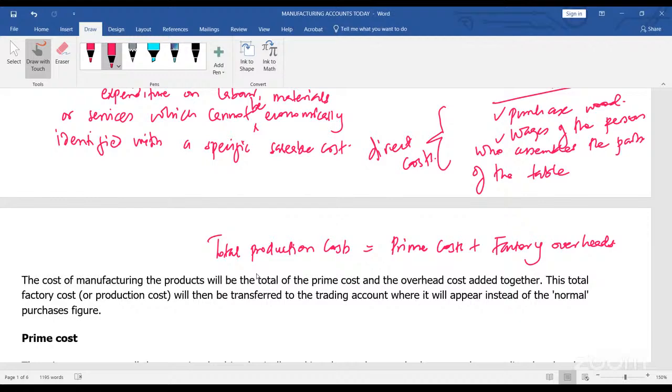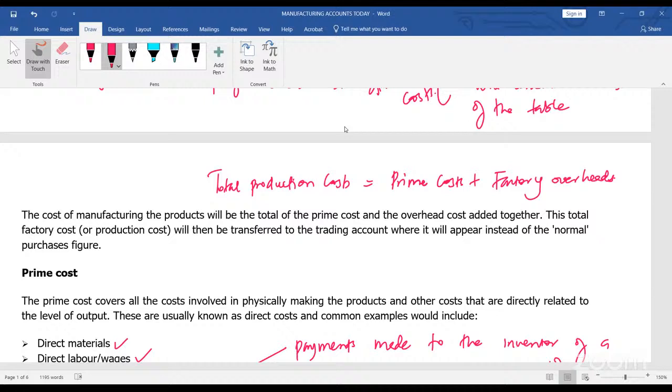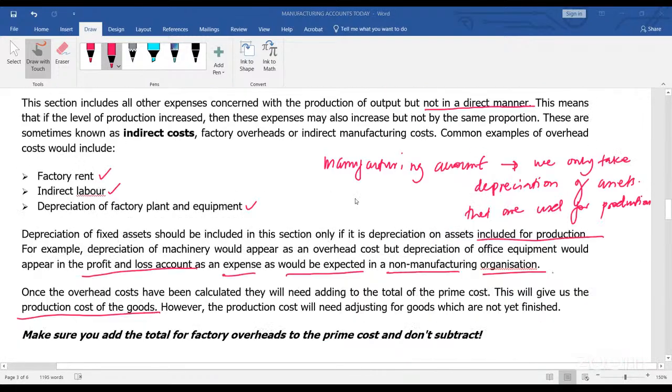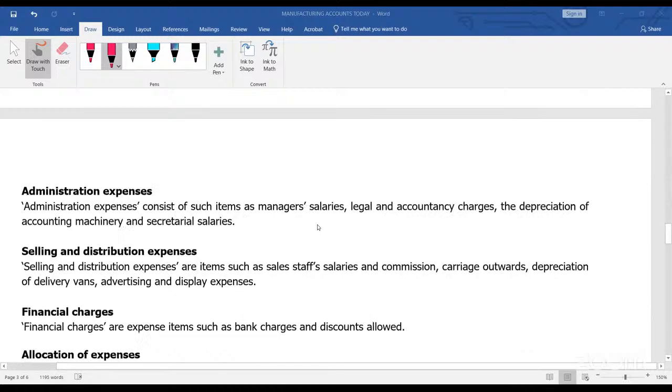Total production cost equals the prime cost plus the factory overhead. Make sure you add the total of factory overheads to the prime cost, please. Don't subtract. We add the total factory overheads to the prime cost to come up with the total production costs.